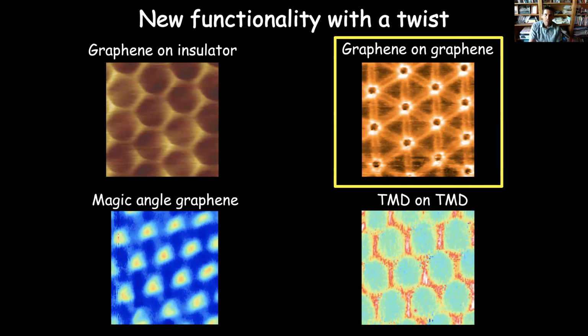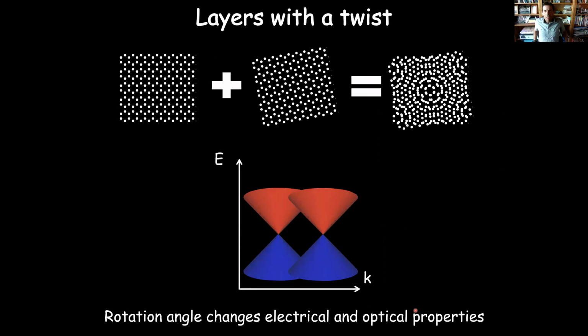So now I want to talk about what happens when instead of combining graphene with a nice insulator, you combine graphene with itself. Here we're going to take two of these same lattices and put them on top of each other with a controllable twist angle between them. In real space, we'll get these nice Moiré patterns that we just saw in graphene on boron nitride.